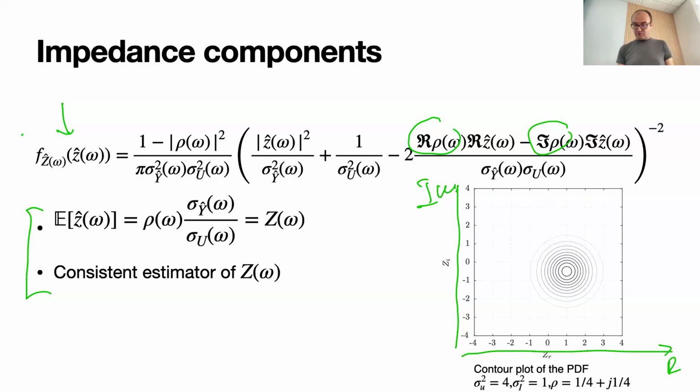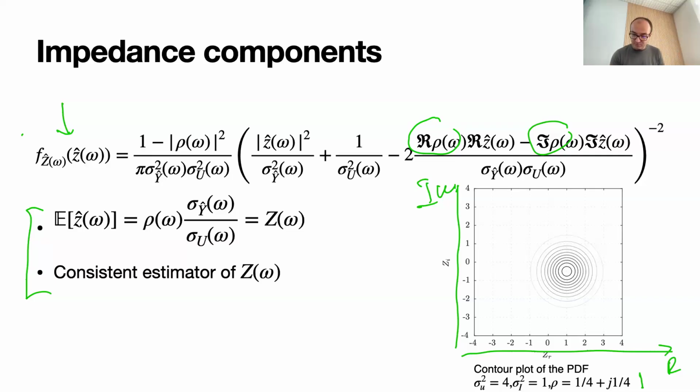And this function was drawn by assuming that we have 4 units of variance in the input noise and 1 unit of variance of the output, whatever that means, volts, amps, doesn't matter. And we are saying that input and output are correlated by these values, 1/4 plus j 1/4.